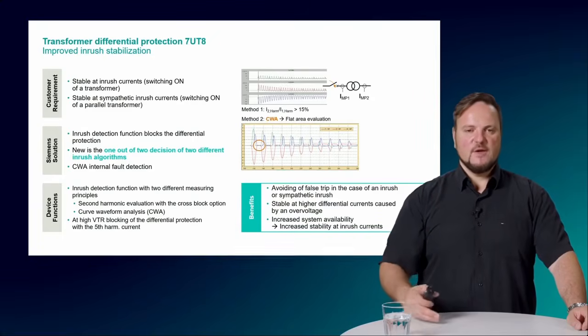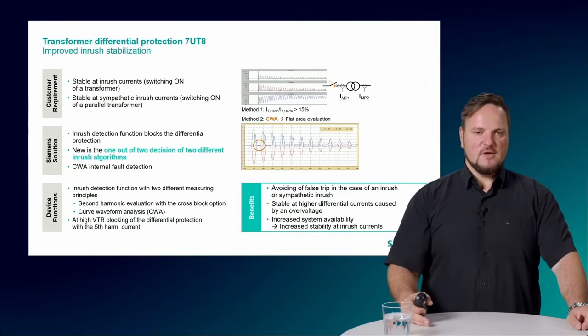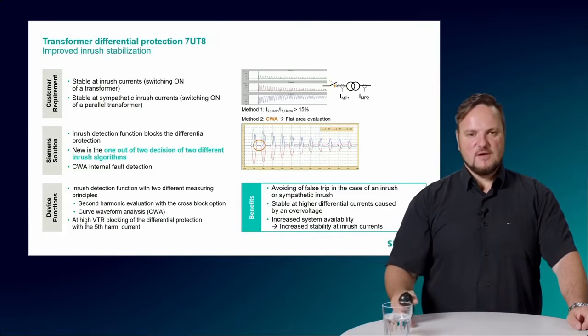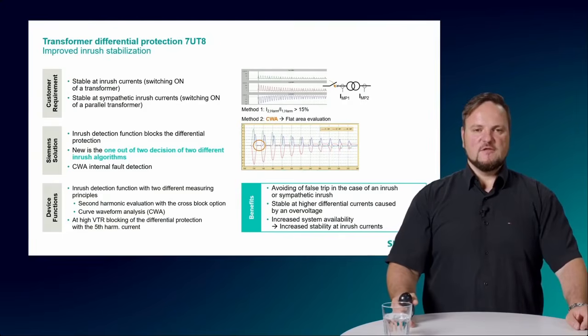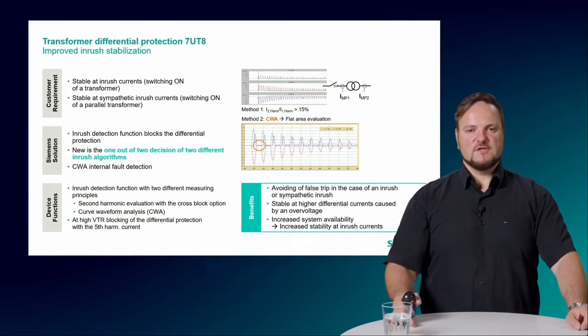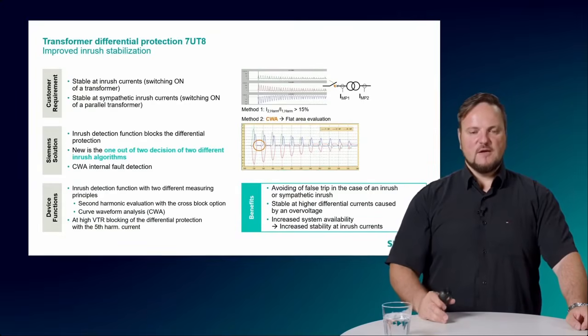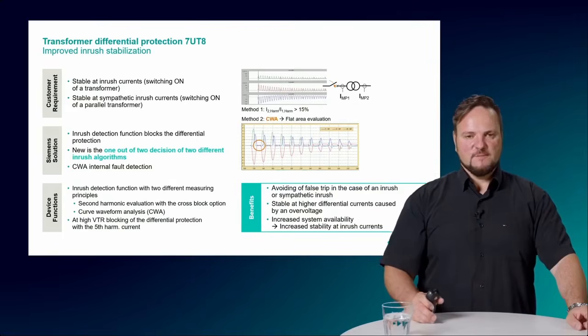So now we have the possibility to trip earlier, to not wait until the crossblock or the blocking time is over. The CWA internal fault detection helps us a lot to react faster and to protect, of course, the transformer, and in the end also the humans.